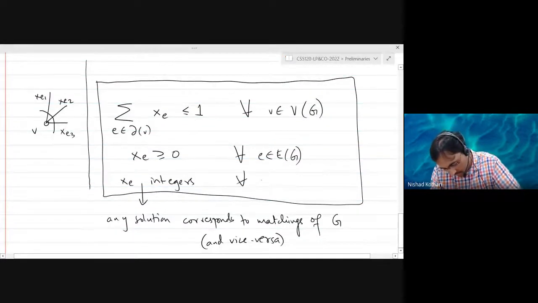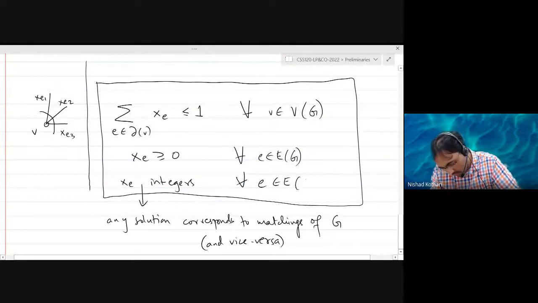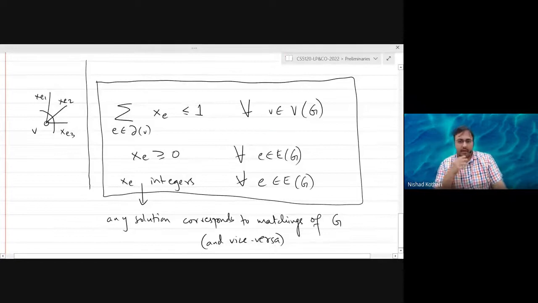Okay. All right. So I've just rewritten it in this way. Okay. Good.